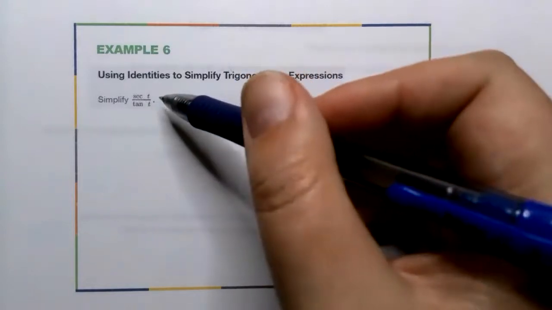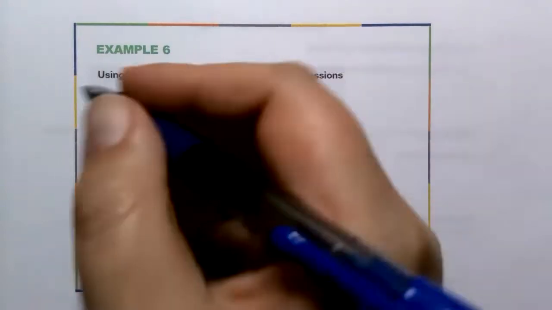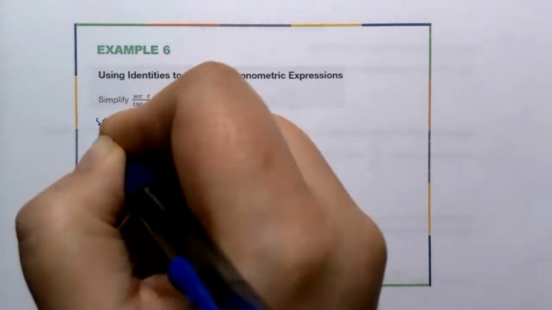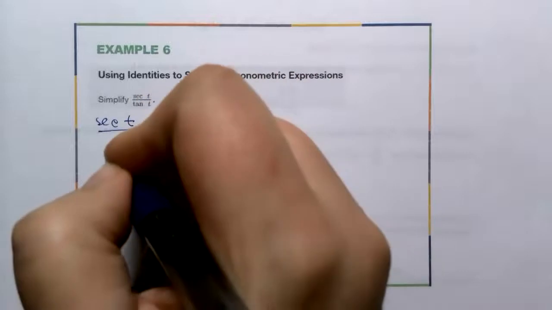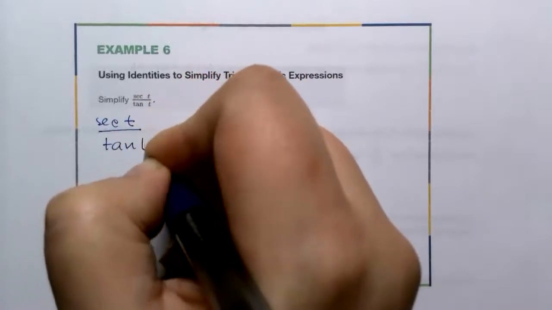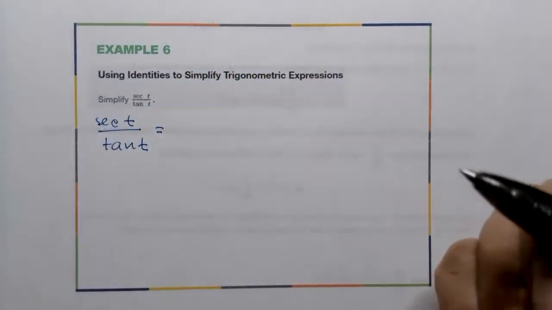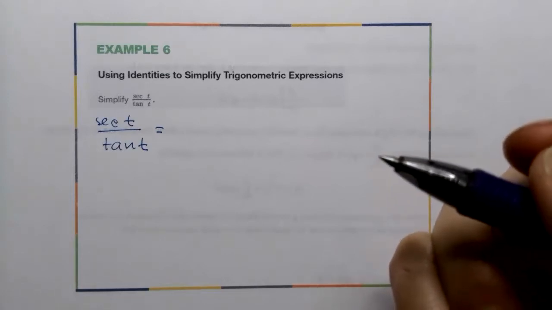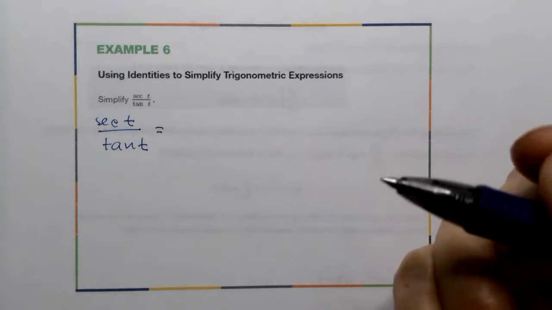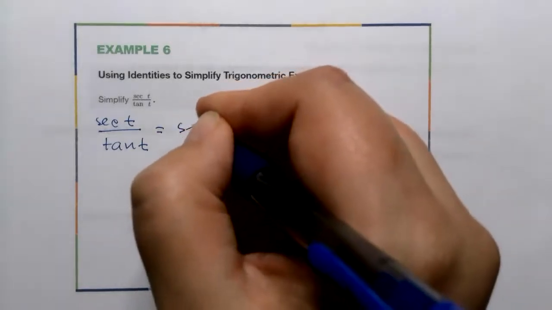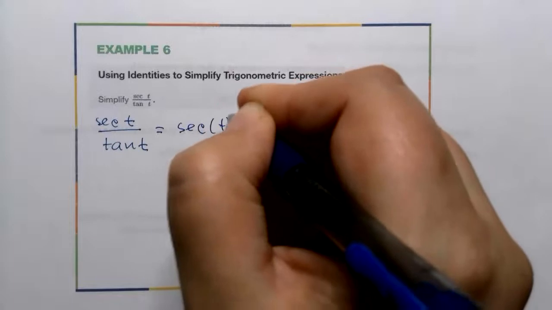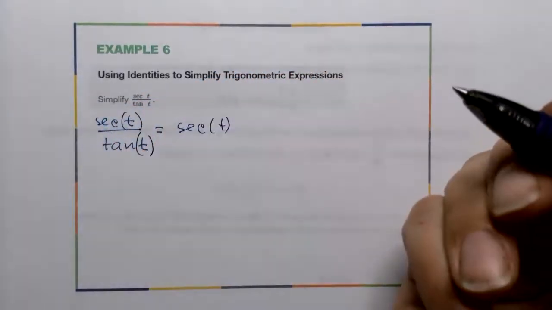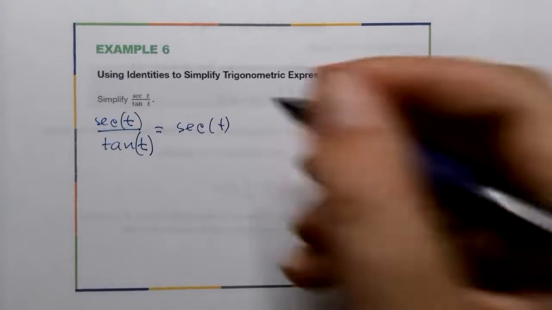All right, so let's go ahead and simplify that. I'm going to copy it in slightly bigger form: secant of t divided by the tangent of t. The first thing that I would recommend is basically to apply our identities. I'm going to rewrite it as secant of t, and I'd like to put my function input in parentheses.